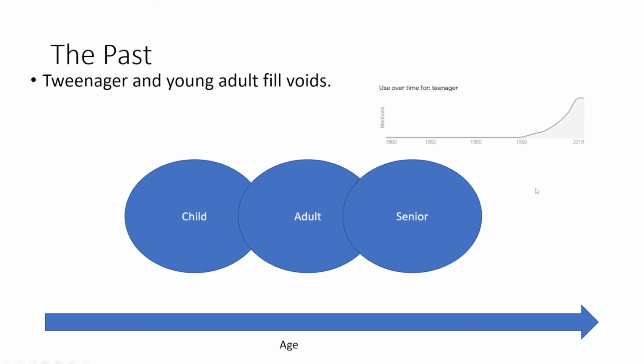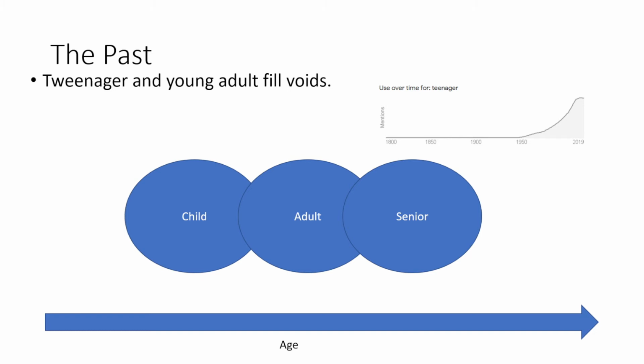So the past is kind of interesting. Before things like the Industrial Revolution, where children have more freedom to not work and to take more time to learn and develop, teenagers didn't really exist. You're a child, and then as soon as you hit puberty, you were saddled with the responsibilities of an adult. You can see a lot of this.